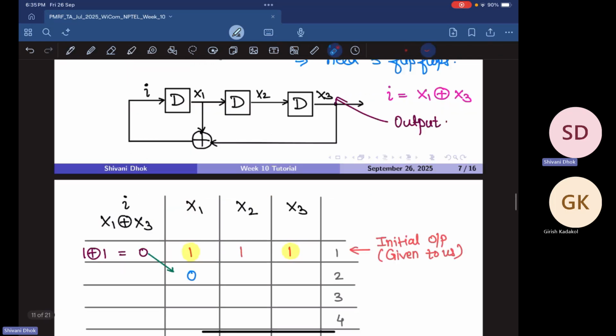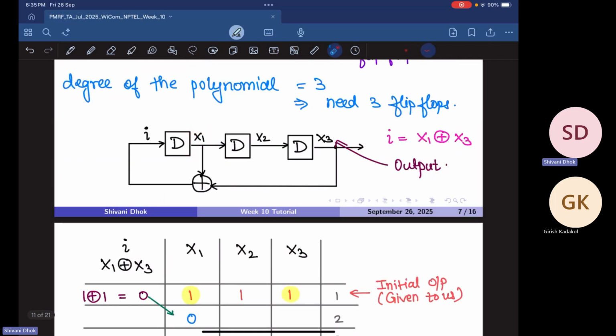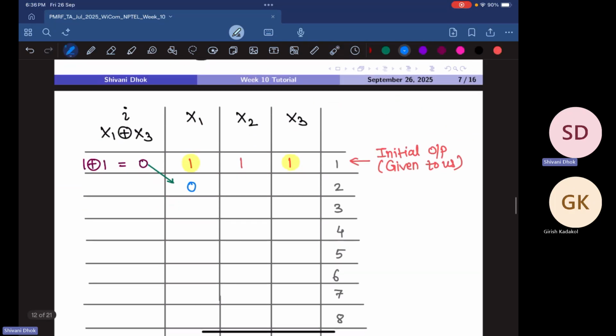Now the 1 that was x1 was input to the second D flip-flop, so in the second time instant that will become x2. So we get a 1 here. Similarly, this 1 will get translated here, and we get a 1 here.